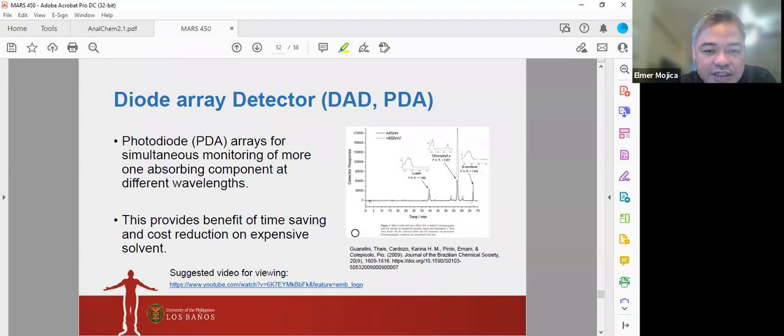Now the diode array detector, DAD or PDA, is used for simultaneous monitoring of more than one absorbing component at different wavelengths. And this really provides the benefit of time saving and cost reduction, especially when you're using expensive solvent like acetone.